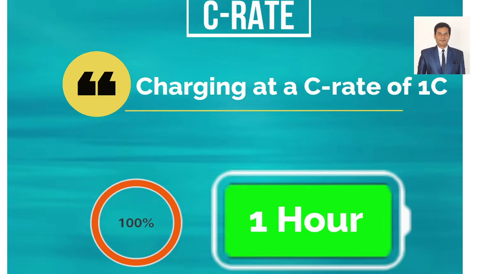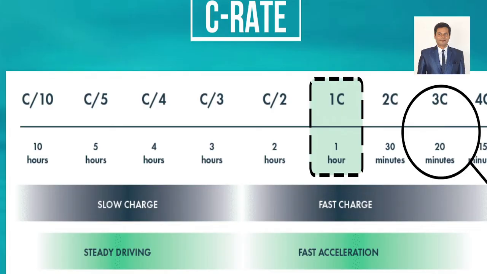If it stores the maximum charge in 1 hour, then 100% is full, fully charged. Sometimes it takes 2 hours to store the charge for 100%. That is how the C rate can be defined.